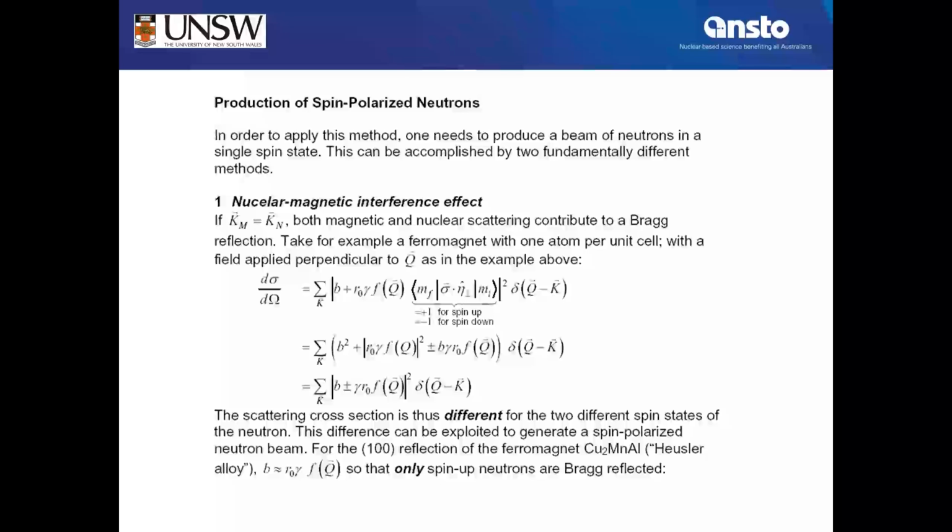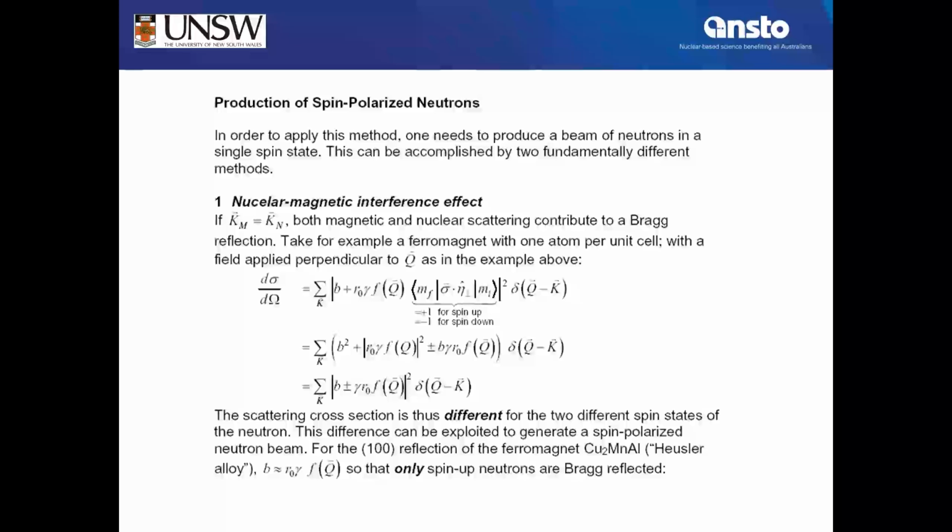How can we produce polarized neutrons? There are a couple of tricks. The first trick is the nuclear magnetic interference effect. Simply spoken, for your monochromator crystal, you would use a ferromagnet. That's it in short.